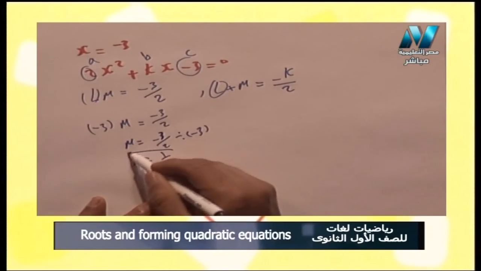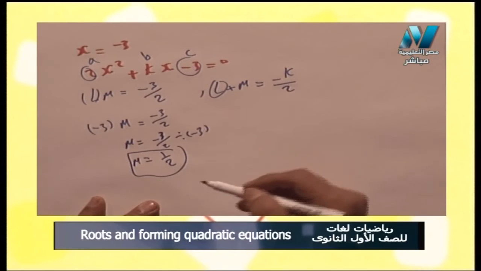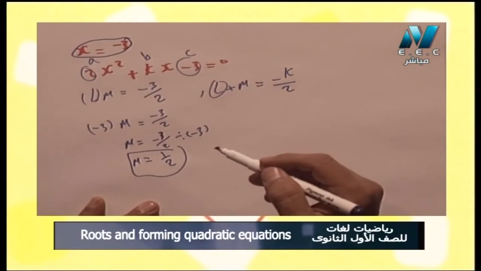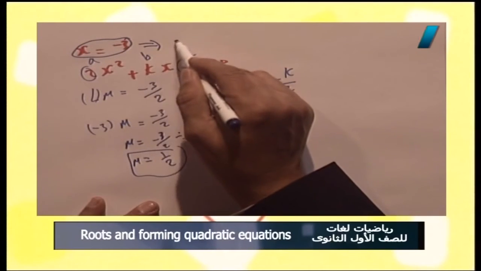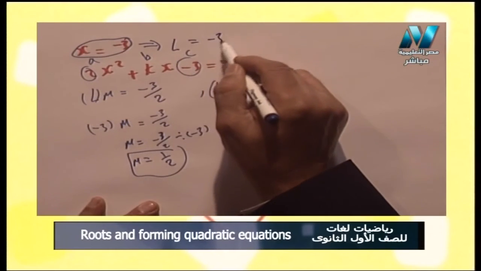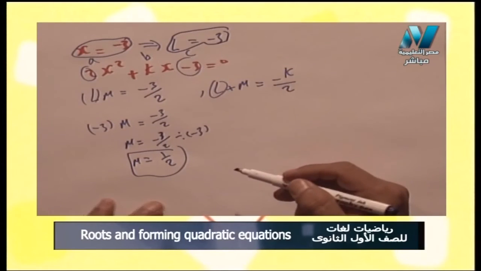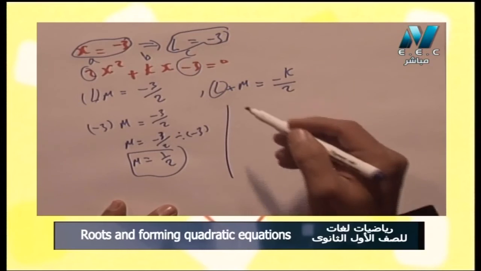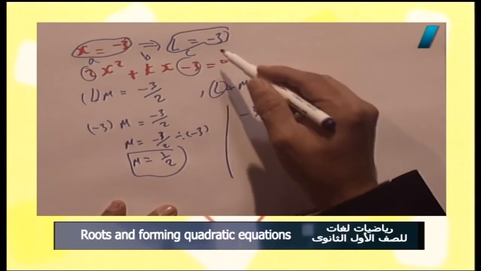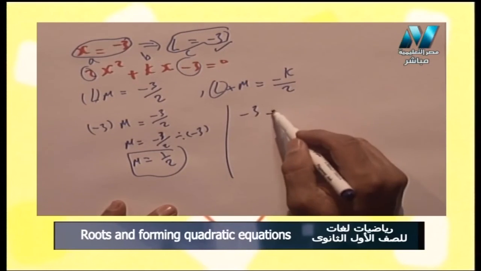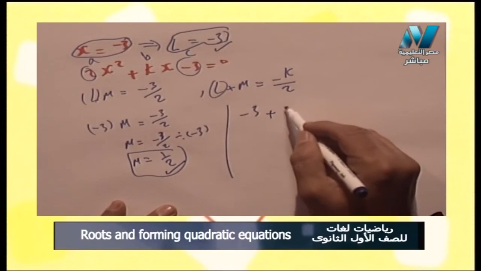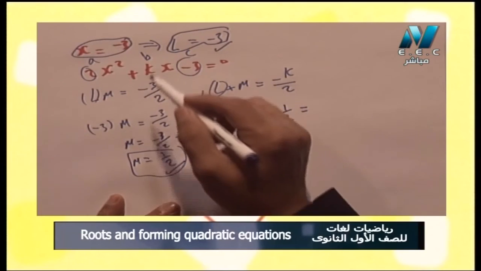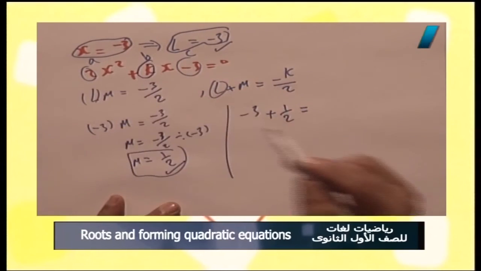Now we have the other root, m equals 1/2, and one of the two roots, L, equals -3. The sum of the two roots, L + m, will be -3, which is the first one, and 1/2, which is the next one, equals -b over a.